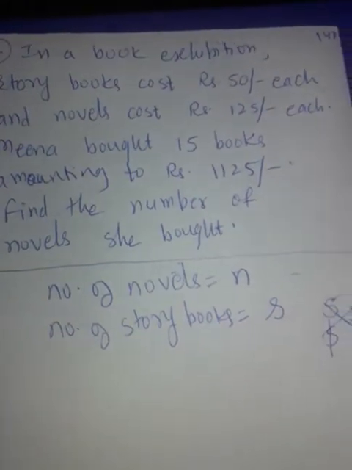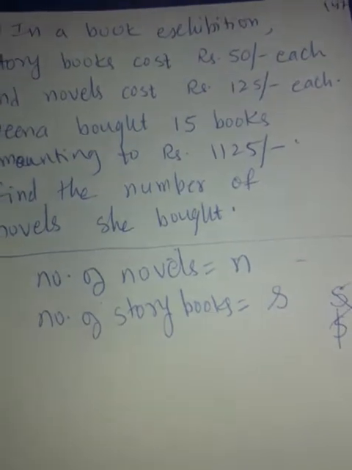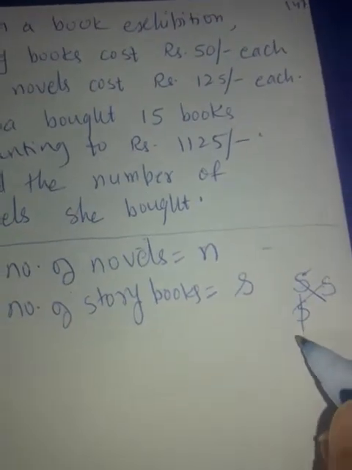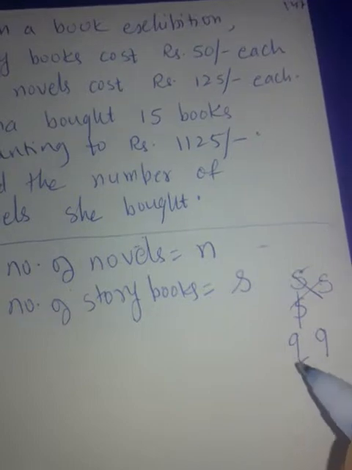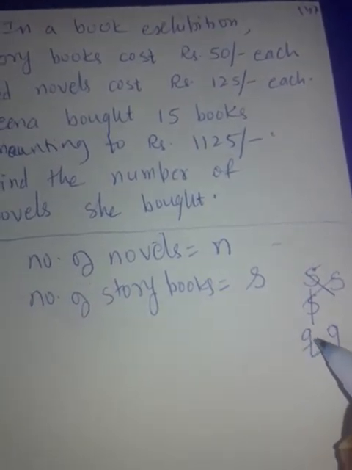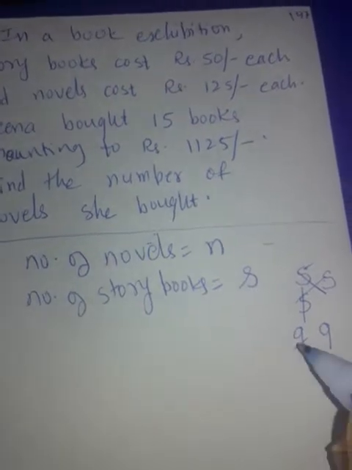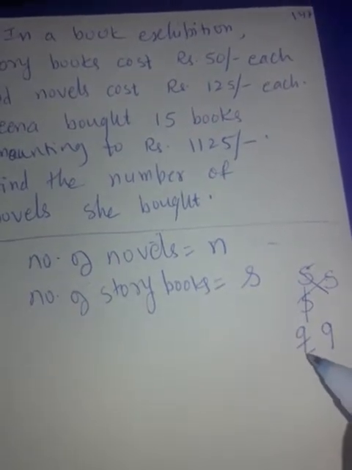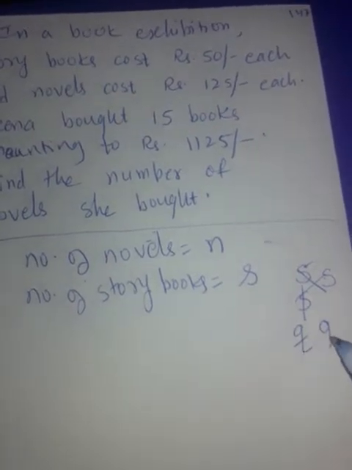And even I take additional care when I assume q, because q and 9, they again look similar. So when I write q, I give an additional bar like this, so that I can differentiate between q and 9.